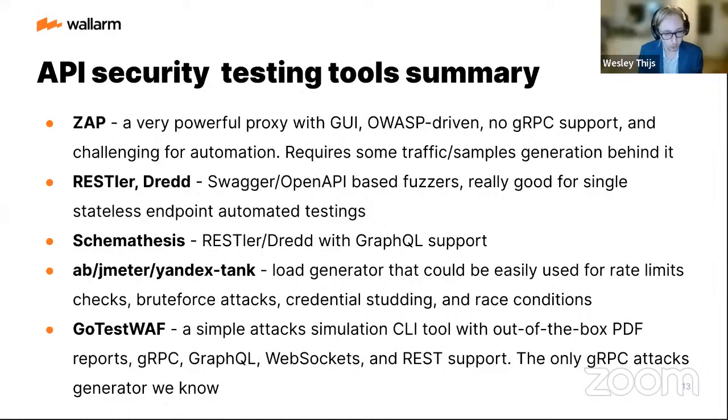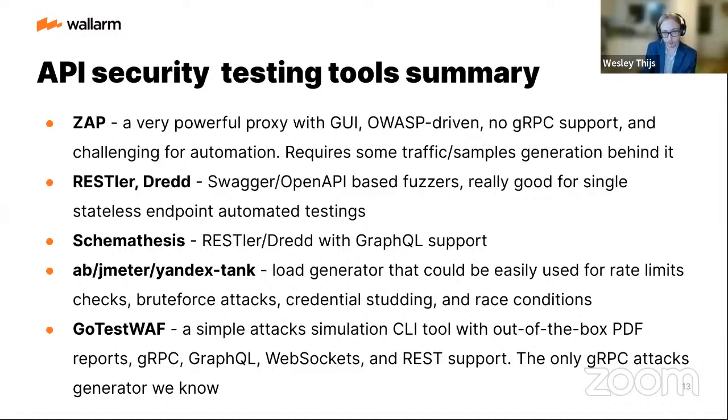GoTestWAF, on the other hand, is a simple attack simulation CLI tool, and it has out-of-the-box PDF reports. We'll look at those reports as well. Those reports have recently been enhanced as well, so great job on them. gRPC is also supported out of the box, as are GraphQL, WebSockets, and REST, and it's basically the only gRPC attack generator that we found.